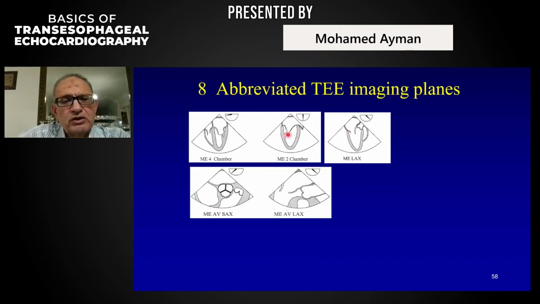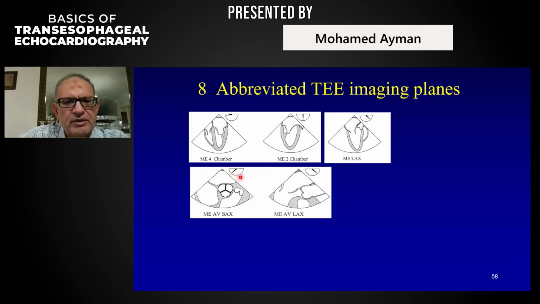If you want to check for the aortic valve, then I will increase the angle to around 30, 40, and rotate the probe until I get this classic view. Here we have the aorta at the center, the 3 cusps are present here. So this is a short axis of the aorta at the mid-esophageal.